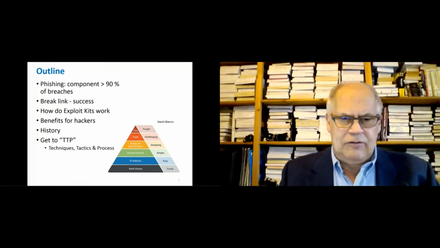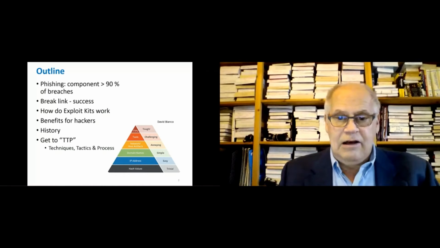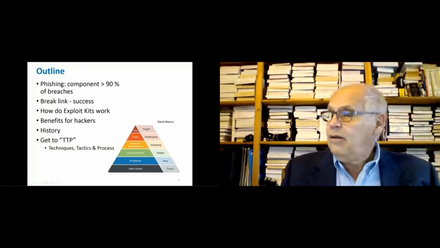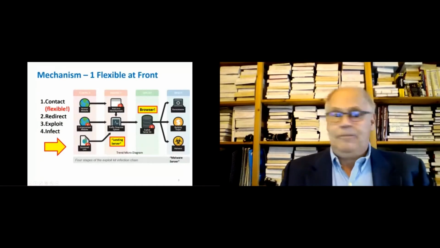And the exploit kits have been designed basically for the benefit of the hackers. They're actually trying to hurt us. And I'll give you a little bit about history and then talk a little bit about the tricky part in security, which is the techniques, tactics, and processes. And we have got a nice little picture there of David Bianco's pyramid of pain, I believe he called it.